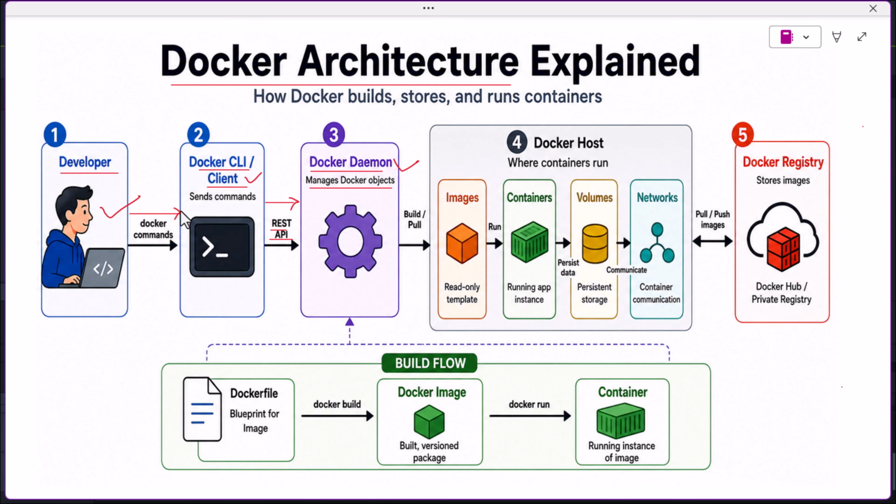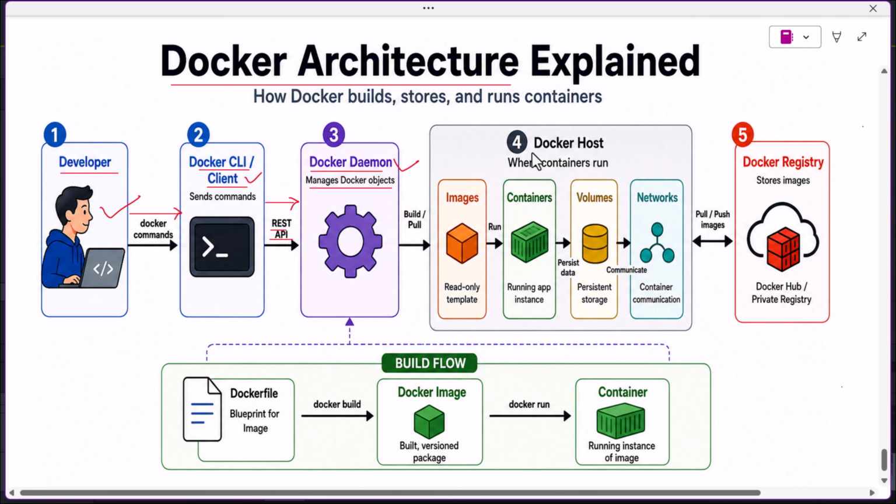When the developer executes Docker run, the daemon creates and starts the container. When the developer executes Docker pull, the daemon downloads the requested image from a registry. The Docker client and Docker daemon may run on the same computer. They can also run on different machines and communicate over a network.